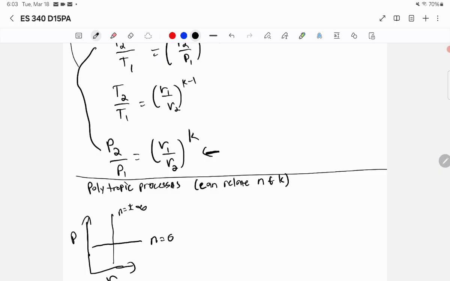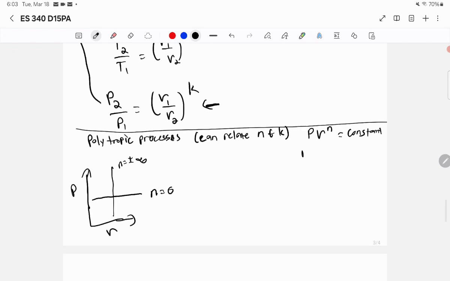So remember, a polytropic process says P v to the n is equal to a constant, which means obviously P1 v1 to the n is equal to P2 v2 to the n, which means that P1 over P2 is equal to v2 to the n over v1 to the n, or v2 over v1 to the n.